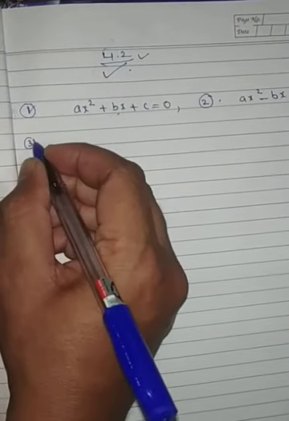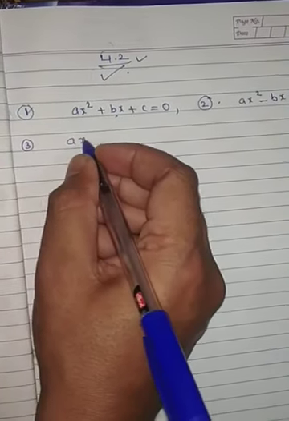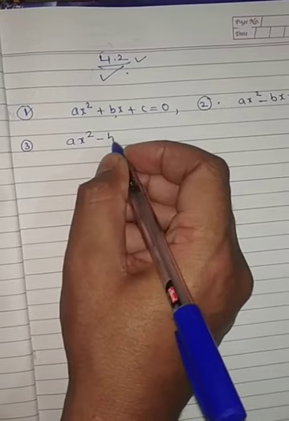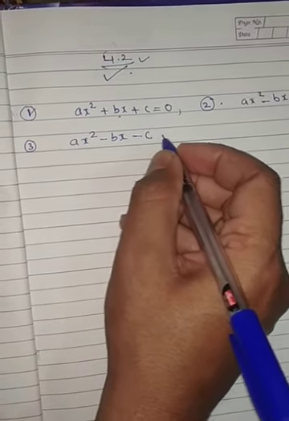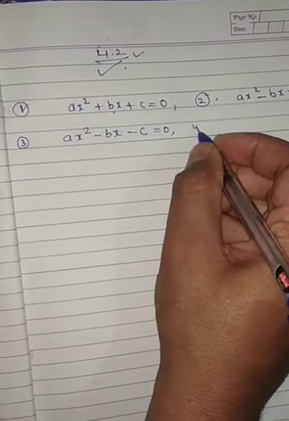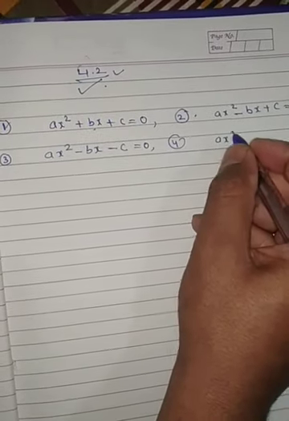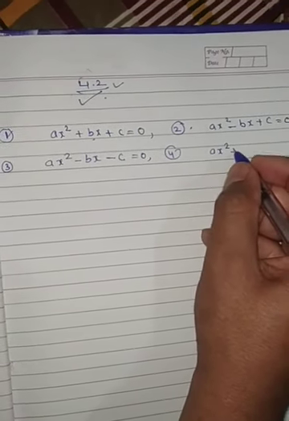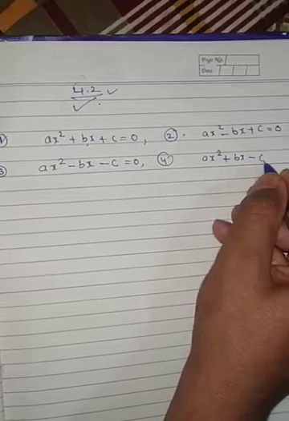This is the third equation, that is ax square minus bx minus c equal to 0. And the fourth equation is ax square plus bx minus c equal to 0.